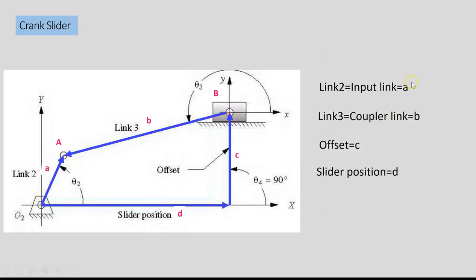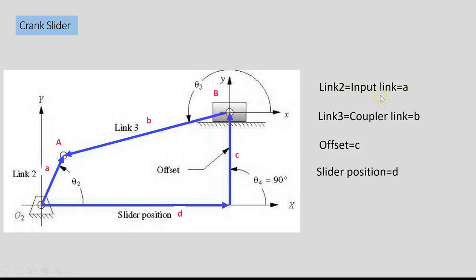Okay, so this is the general denotation for input link. So link 2, like 4-bar linkage, we consider link 2 as input link, as a length.